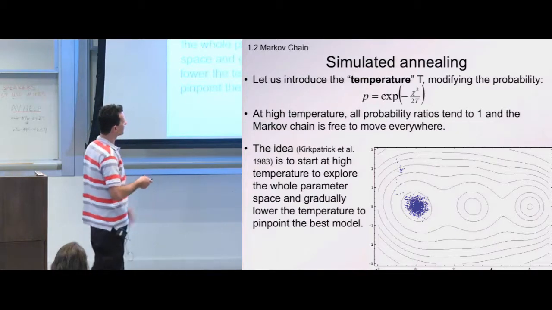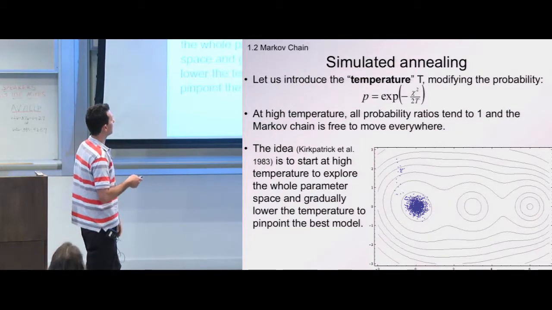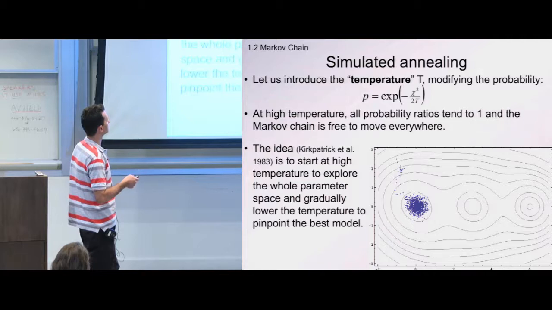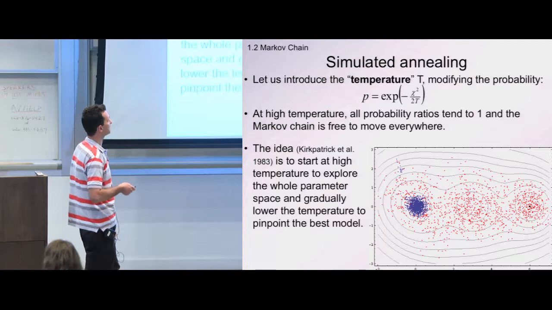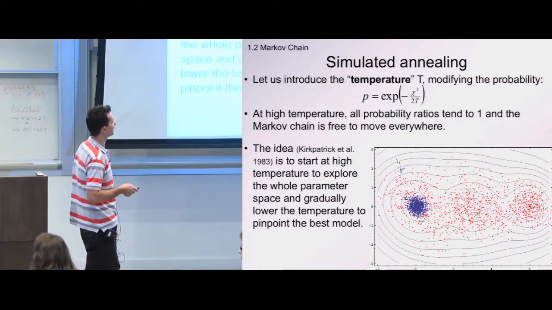So, for example, in the same example we had before, if we had T equal 1 here, we just catch this minimum, but we miss the other minima. If instead we decide to start with a high temperature of T equal 10, then our exploration will look like that. And of course, in this case, we realize, oh, there are 3 different minima, and so this is the best minimum.